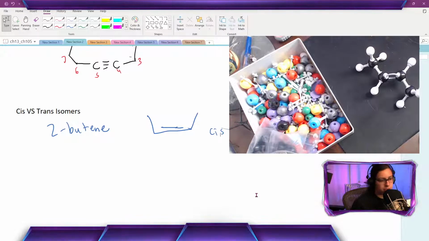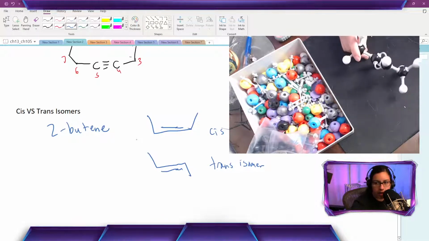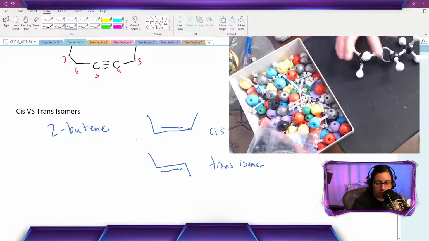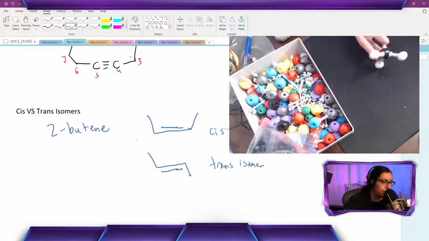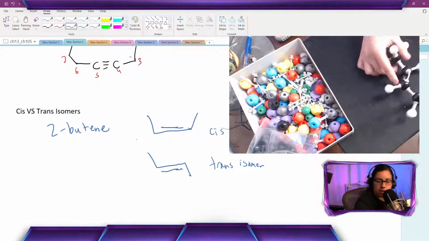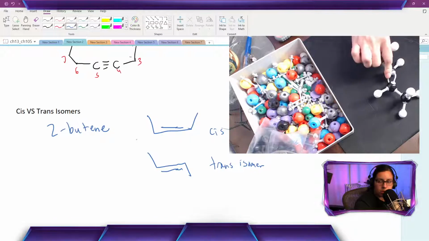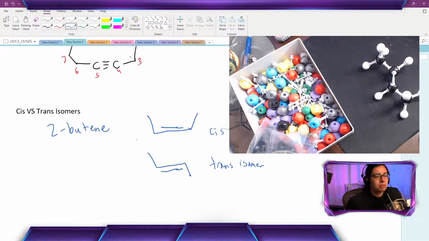So it has a little more zigzag in it. So this would be the trans isomer. So now they're on opposite sides. And they're not interchangeable by rotations. Remember, we can't just rotate that double bond. So they're just 2 distinct isomers.